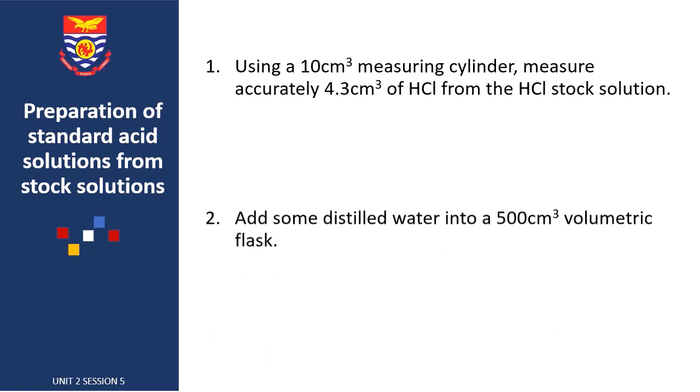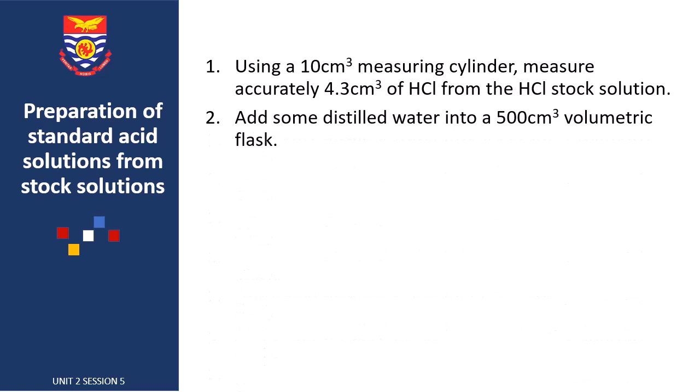Measure that volume, and then when you measure that volume, you see we don't add water to acid, but rather acid to water. So before you proceed with this, you first have to get your volumetric flask and then add some distilled water to it, such that the volume of the acid you have added, you are going to add it to water in the volumetric flask rather than pouring it first and then adding your water.